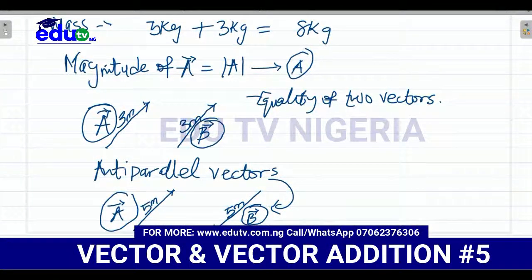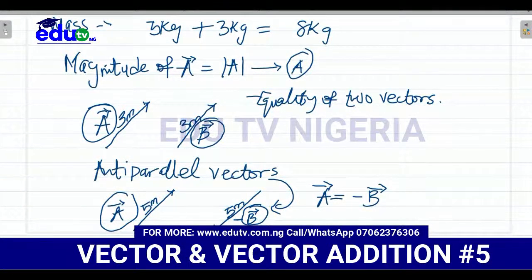We talked about that last week, and it shows that vector A equals minus vector B, because here we can put a negative there. Vector A equals negative vector B. We also talked about the magnitude of a vector and what it represents.